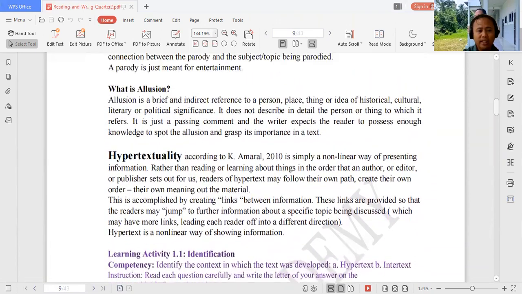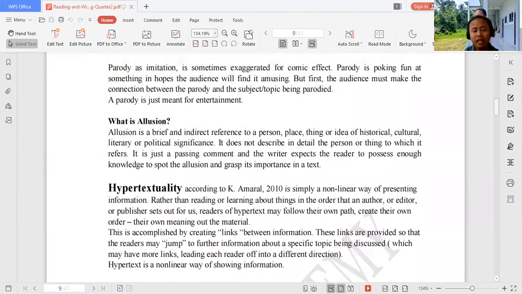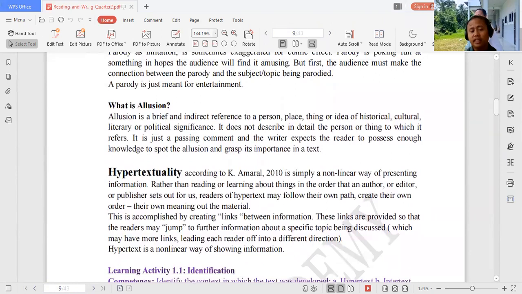Now, what about hypertextuality? According to K. Amaral 2010, it is simply a nonlinear way of presenting information, rather than reading or learning about things in the order that an author, editor, or publisher sets out for us.